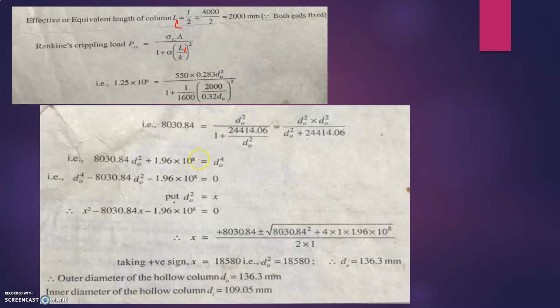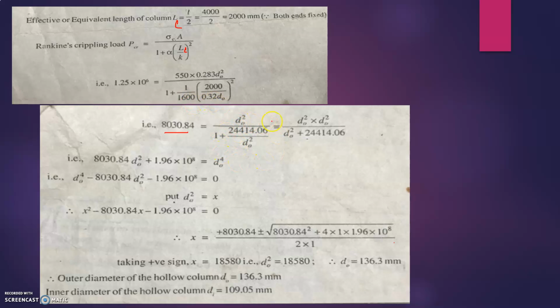How can you simplify this? 1.25 into 10 raised to 6 divided by 550 into 0.283, you get the value 8030.84, equal to d naught square divided by 1 plus, multiplying these two things, 2000 whole square, it becomes 44 into 10 raised to 6. Simplify this, multiplied by this 1600, you get this value.